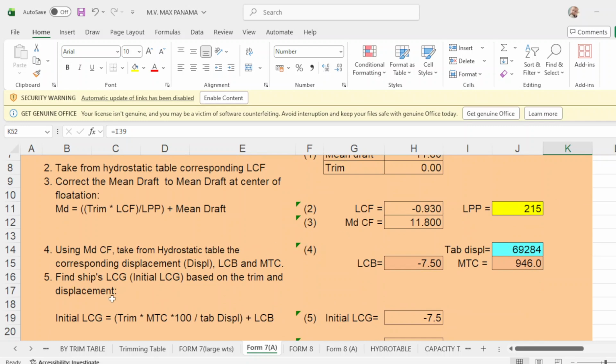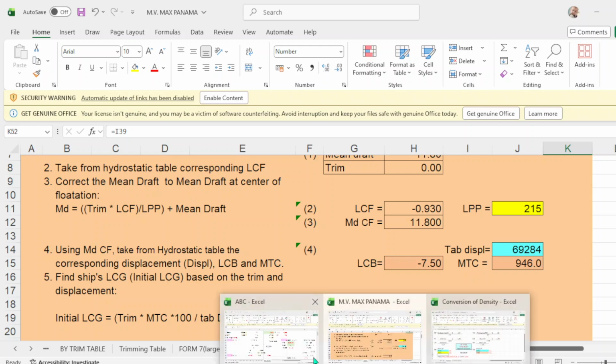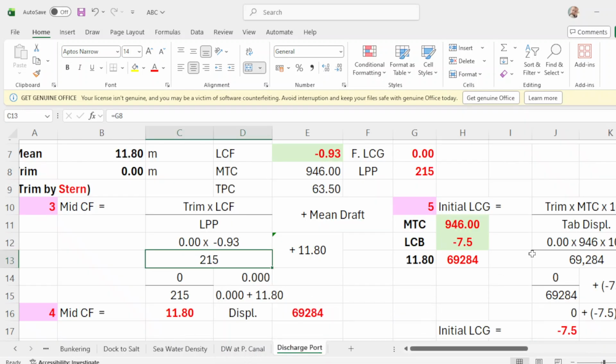Point shifts LCG, initial LCG based on the trim and displacement. The formula is initial LCG equals trim times MTC times 100 over displacement plus LCB. That will be number 5.